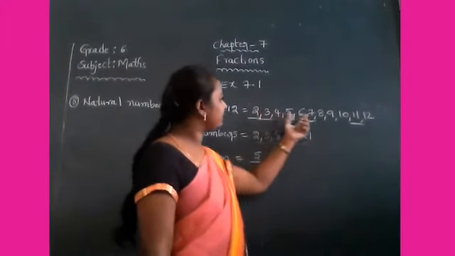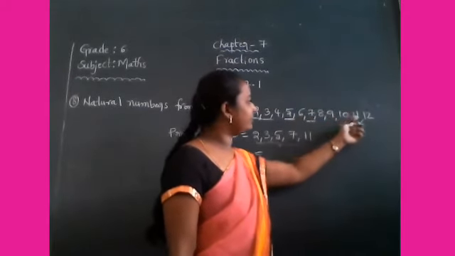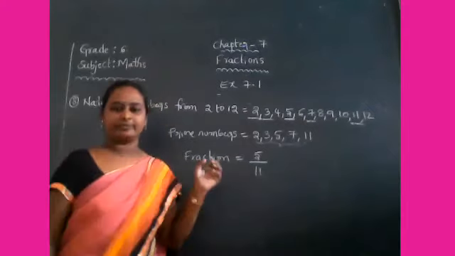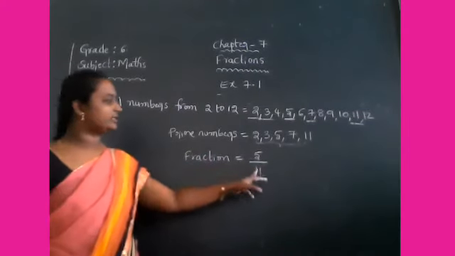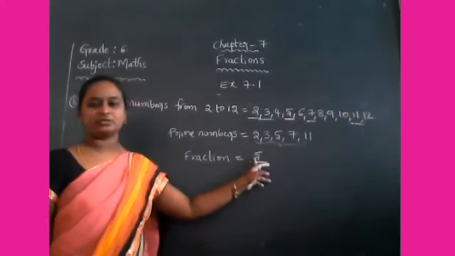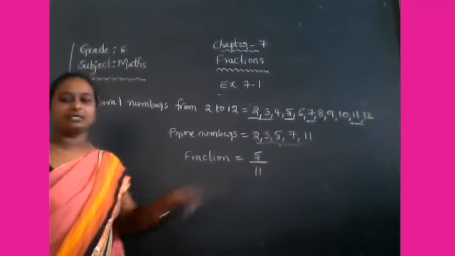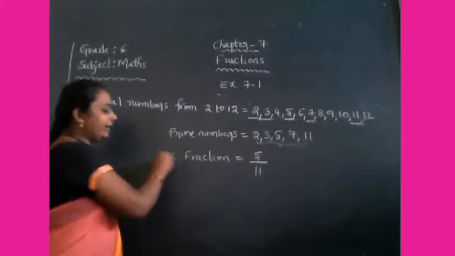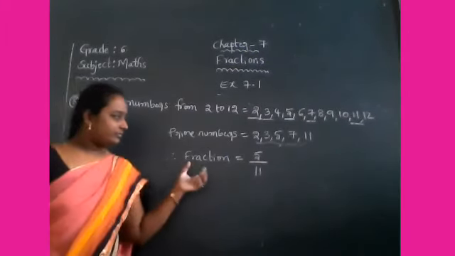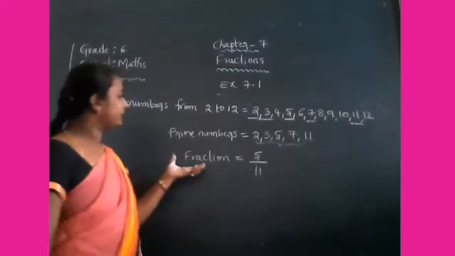The total number of natural numbers from 2 to 12 is 11, and the number of prime numbers is 5. So our required fraction is 5 by 11. Okay, children, up to now you have completed 8 problems.